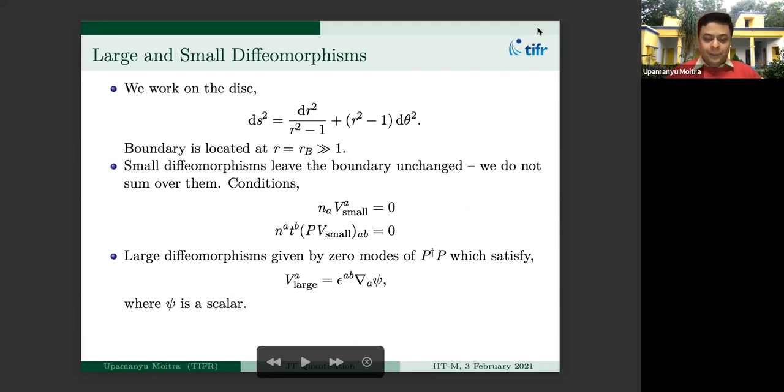We do not sum over them. Or in other words, we just divide out by small diffeomorphisms. And what are the conditions for small diffeomorphisms? If our boundary has some normal vector n, the small diffeomorphisms must be orthogonal to it. And also, this operator P acting on the small diffeomorphism should vanish when it is dotted with the normal vector n and the tangent vector t.